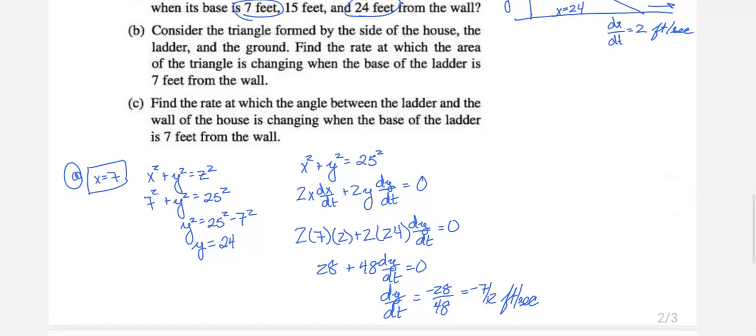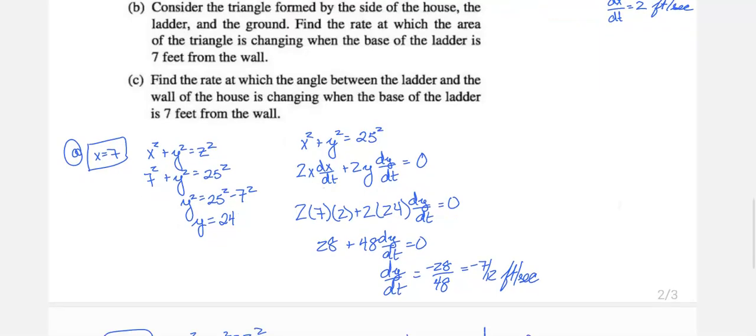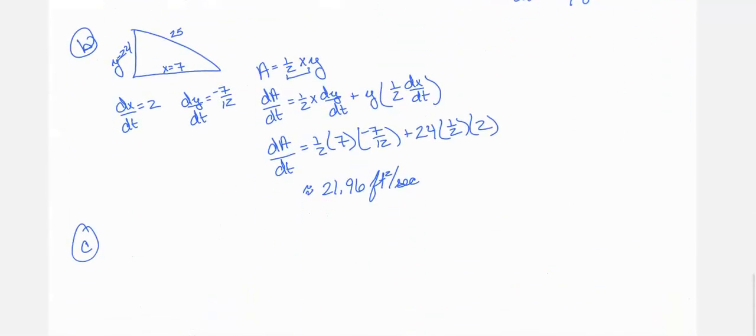And then C is asking to find the rate at which the angle between the ladder and the wall is changing. So if I were to draw my picture between the ladder and the wall, we're looking at this angle. This is 25, this is 7, and this is 24.